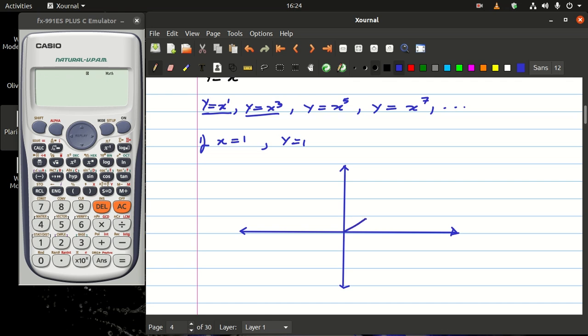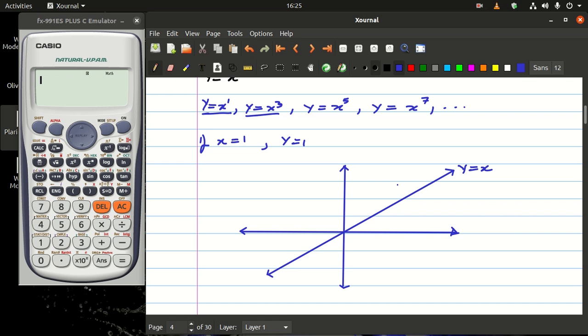It is a straight line from the origin, just like this here. So this one is y is equal to x.